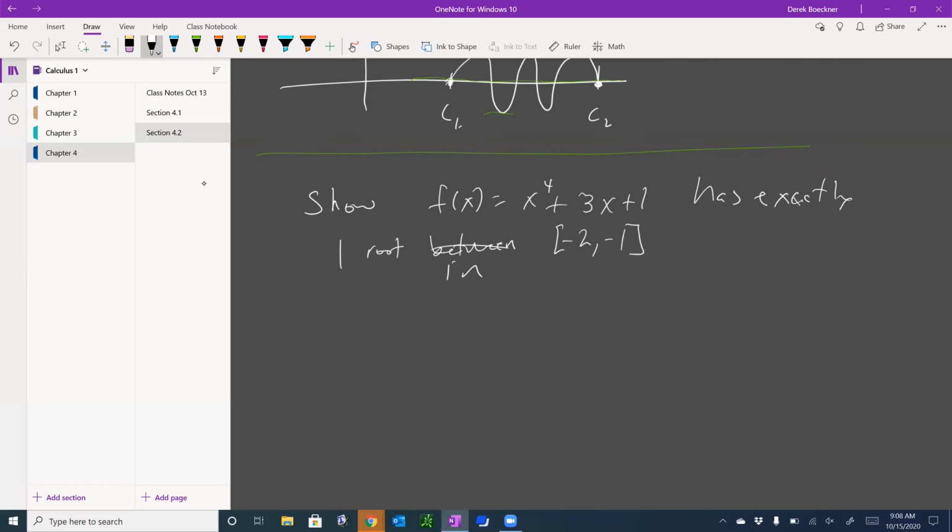Take the first derivative, okay, and then do what? Okay, so you got 4x cubed plus 3 is f prime.